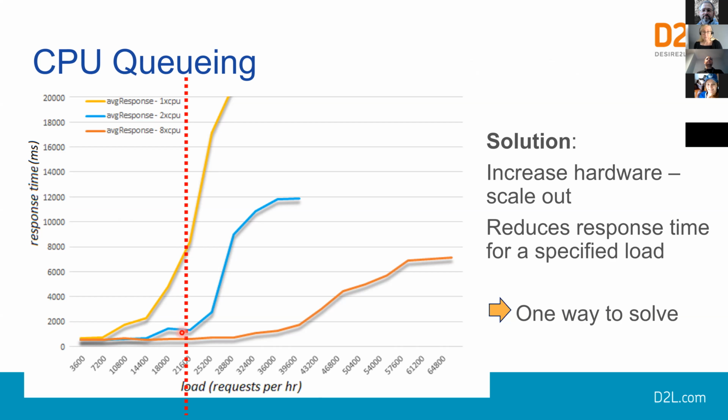And just for fun, we ran the same test with 8 processors, and we can see that the response time now is about 200 milliseconds at that same load. So our hypothesis was verified. Increasing hardware at our environment, i.e. throwing more processing capacity, improved our result.